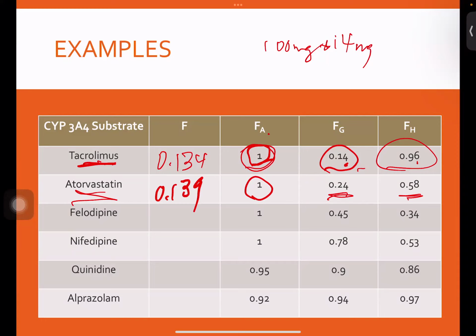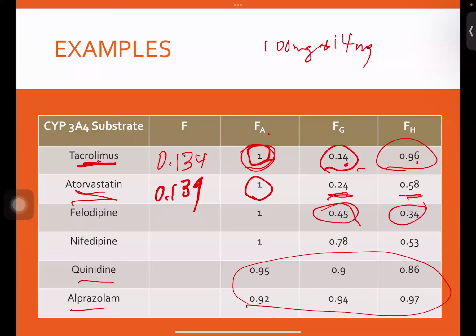Okay, so we can go through here and see quinidine and alprazolam, all of these are pretty high. But when you multiply them together, you get down to 70% or so, right? Here both of these are very low. Felodipine, very little of that makes it through, right? It's got both a big gut effect and a liver effect, so it's only 15%.